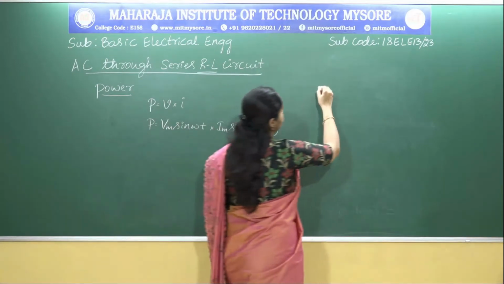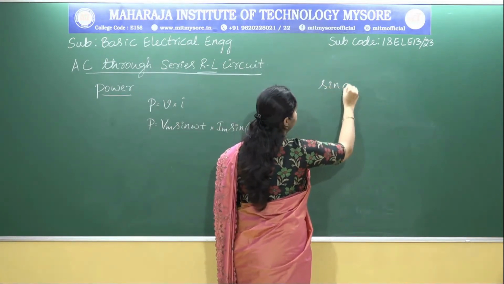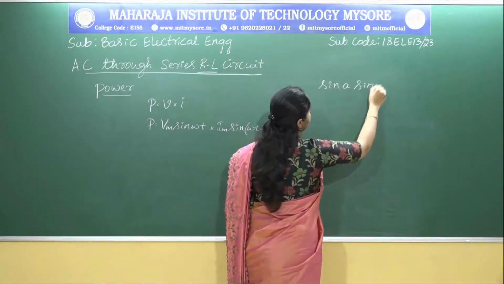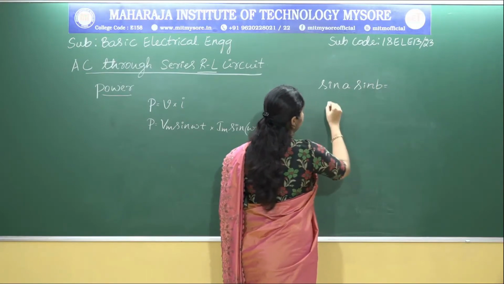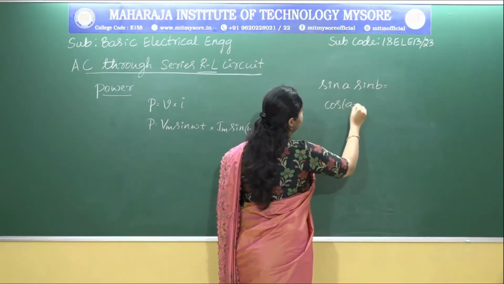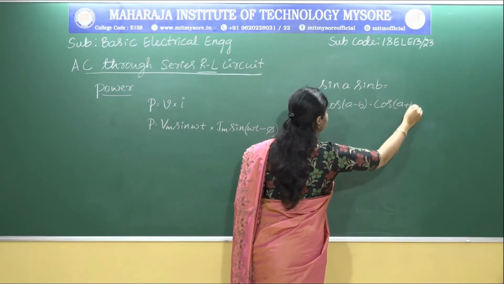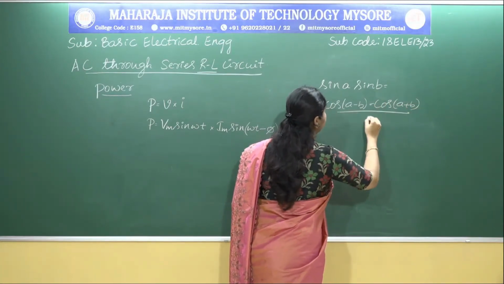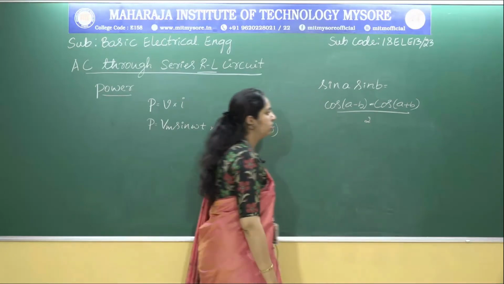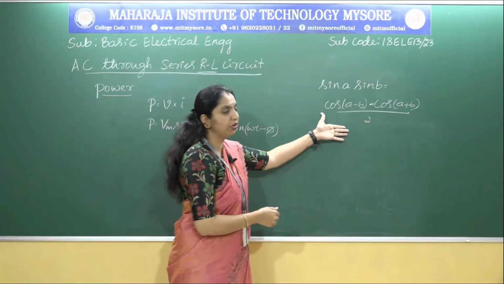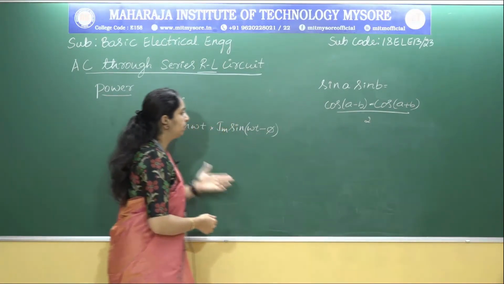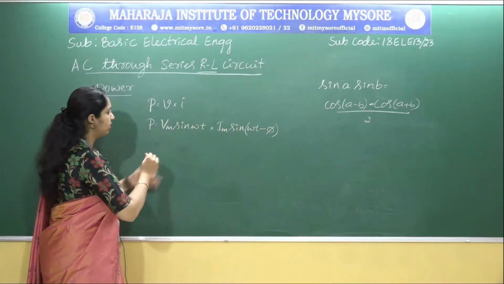To simplify this, we know that sin A sin B is equal to [cos(A minus B) minus cos(A plus B)] divided by 2, according to the trigonometric identity. So let us simplify this expression using it.